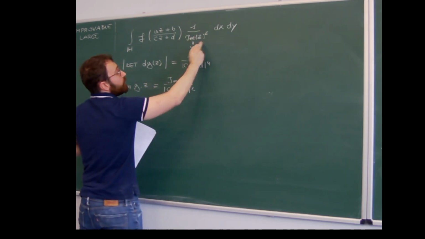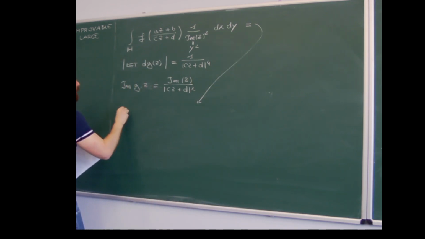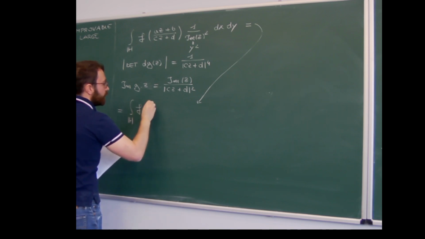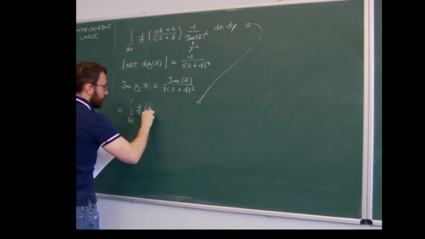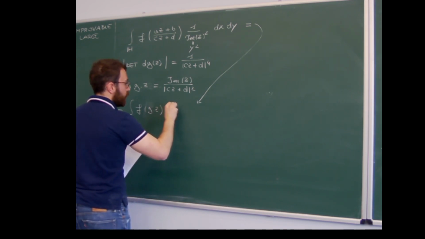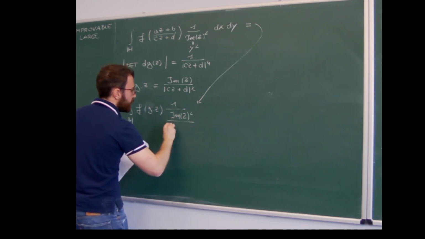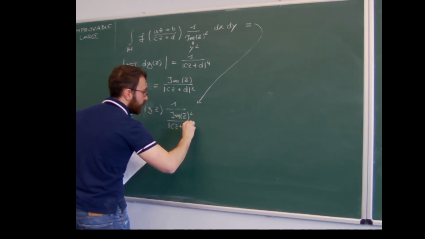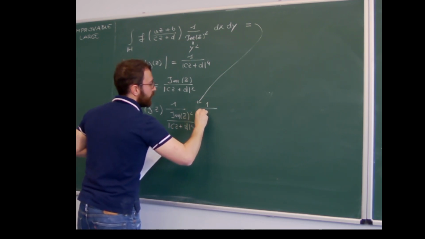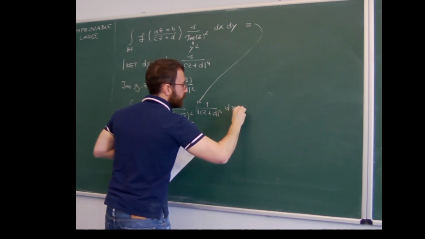Now you multiply and divide by this, and this becomes f of g.z, and then 1 over the imaginary part of z squared divided by |cz+d| to the power 4, times 1 over |cz+d| to the power 4, dx dy.